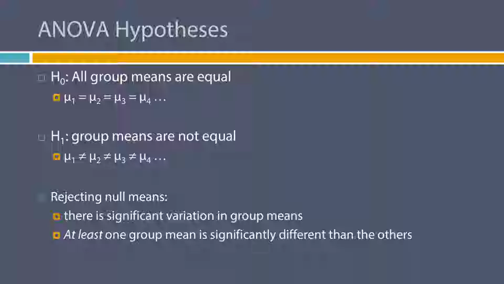So if we reject the null hypothesis, that just means that there's a significant difference between these group means. Really what it means is that at least one of these group means is significantly different than the others. There's no real way of determining which group is really pulling the difference.